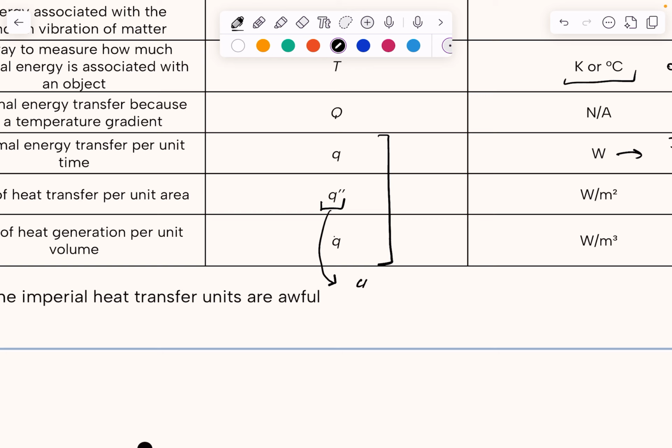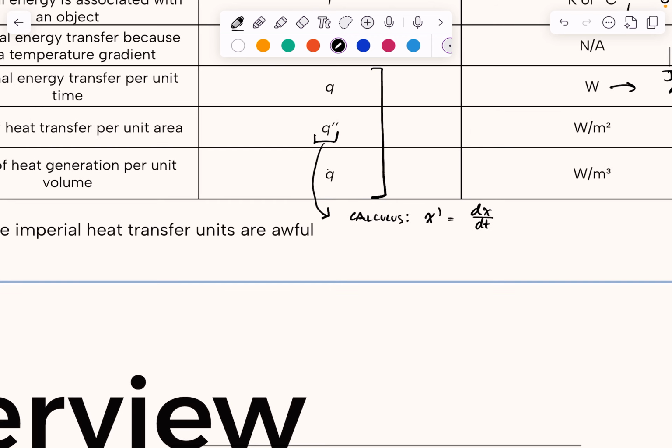In calculus, if you have something like x prime, that means dx/dt, or some sort of derivative, right? What we mean in heat transfer, though, is not a derivative. What we mean is it's per unit some dimension.